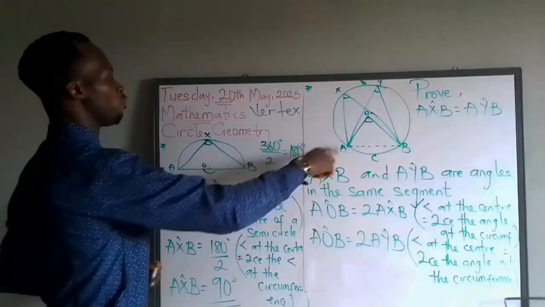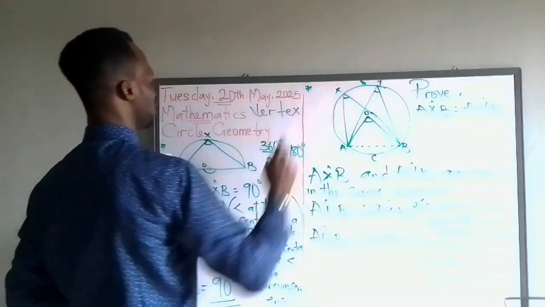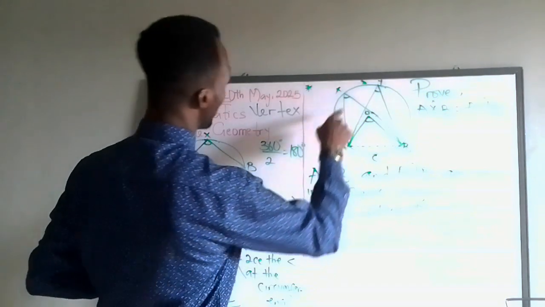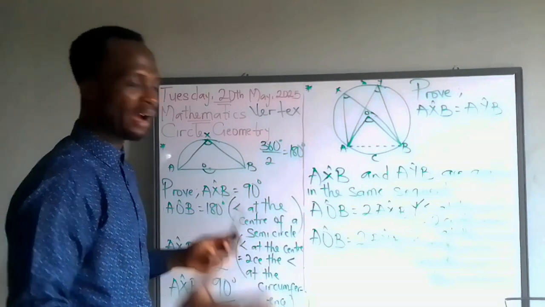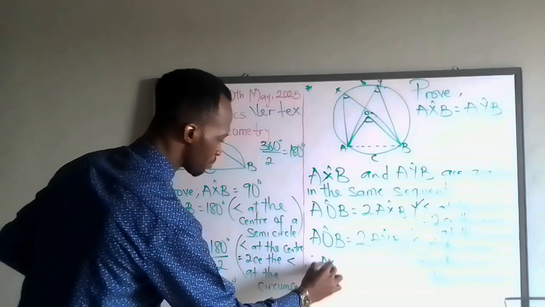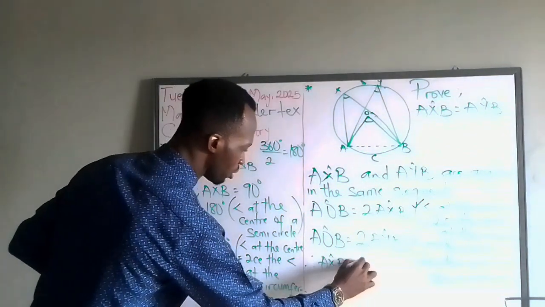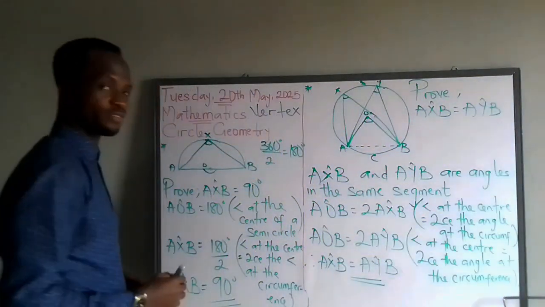If the angle AOB is 2 times the angle AXB, and the angle AOB is also 2 times the angle AYB, it suffices to say that AXB is equal to AYB. Both of them are equal.